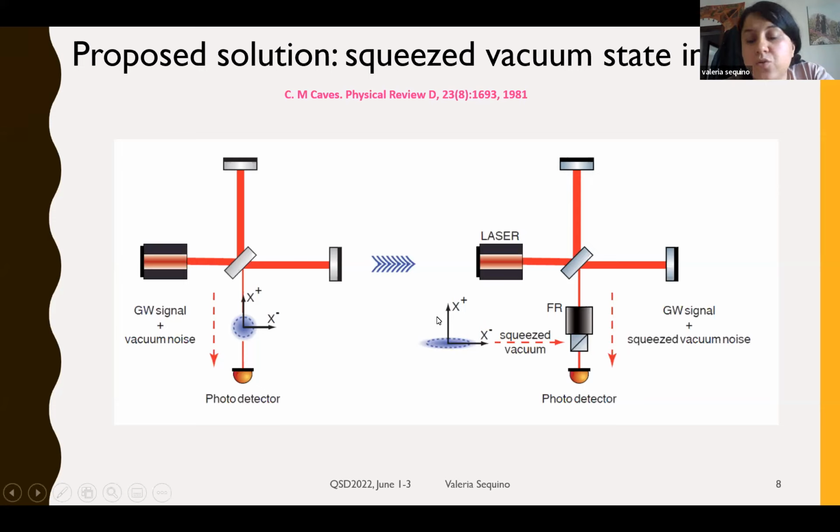The idea is to circumvent this problem by sending squeezed vacuum states instead of the coherent vacuum that naturally enters the interferometer, as Caves demonstrated in 1981. This can reduce the quantum noise, in particular the shot noise, in gravitational wave detectors.